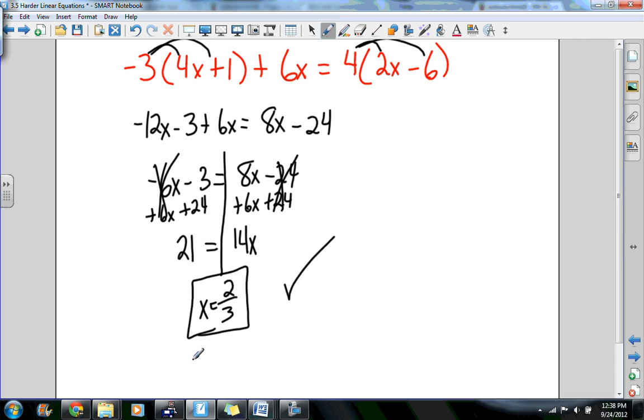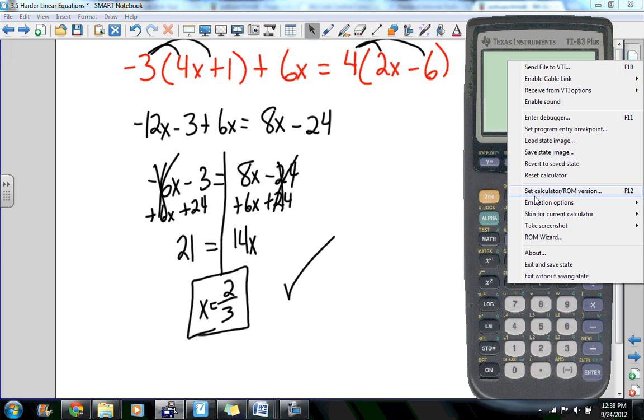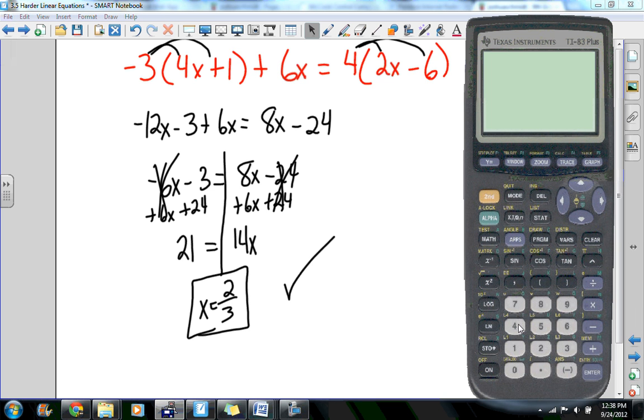And then I check it. So I get negative 3. I was hoping that would work.